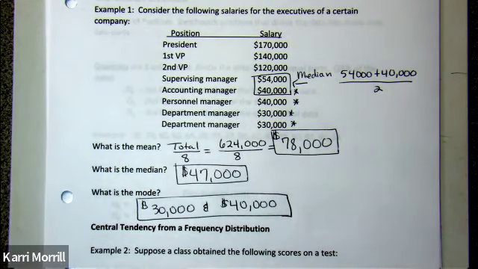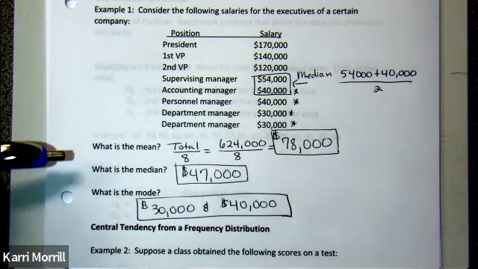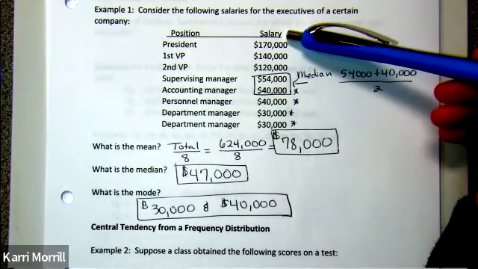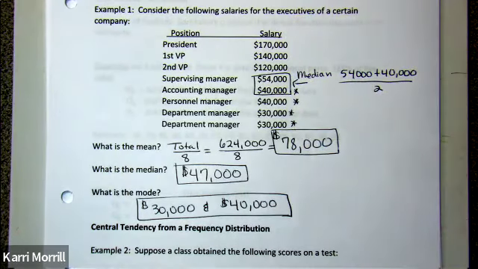I don't really even think median tells us a whole lot because we just are finding a median between the higher and the lowers, but it's still much closer to the lower paid people. Those higher executives make significantly more money, which makes the average seem higher. That's what those numbers do for each other. So that's why there are different measures of tendency and why you might use one over another depending on what you're trying to do.